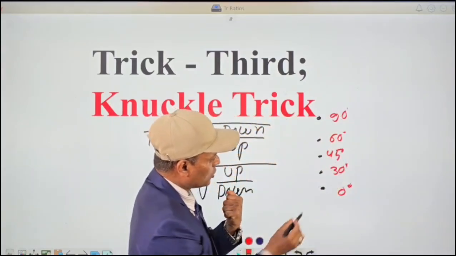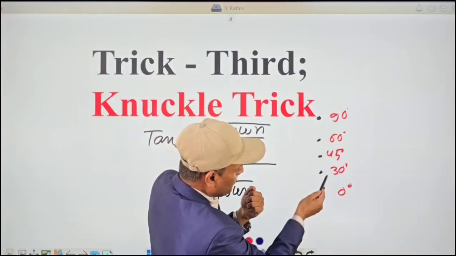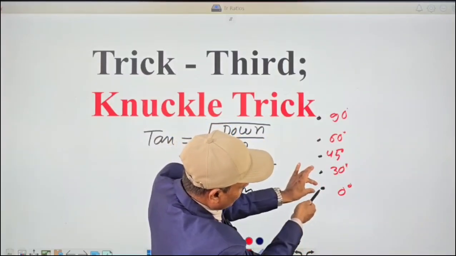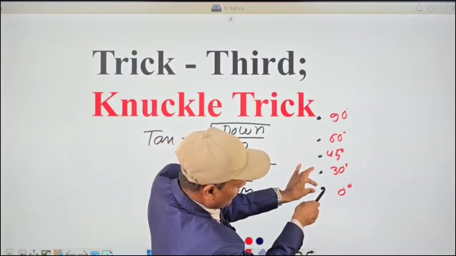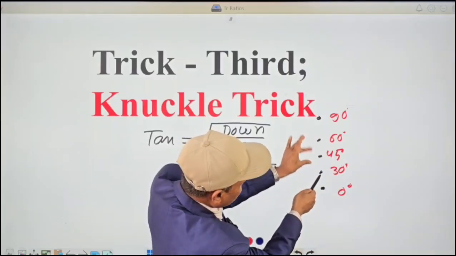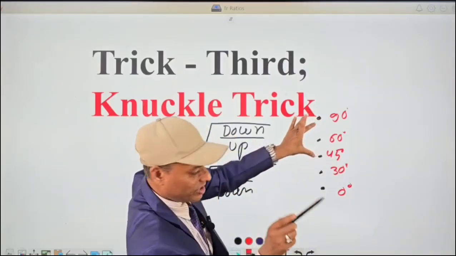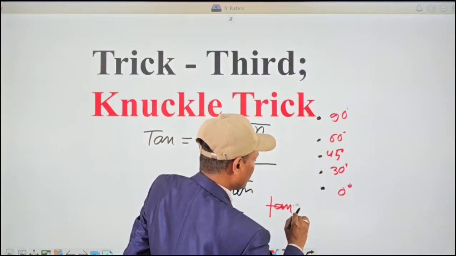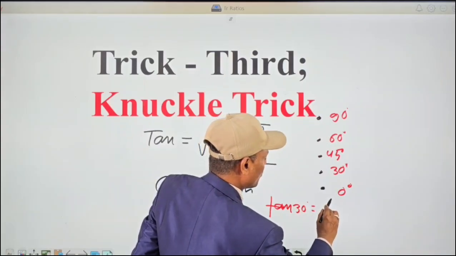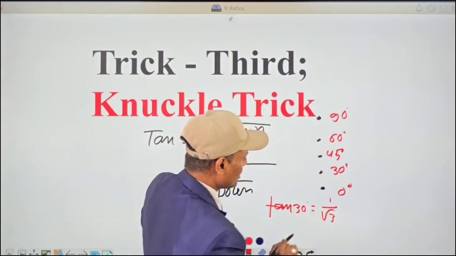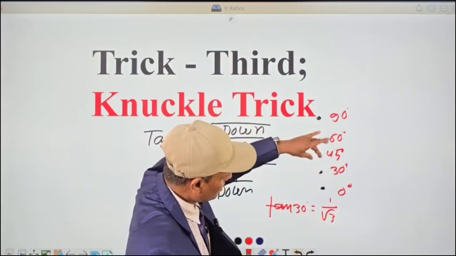To find the value of tan 30 degree, how many dots do you have down? Only 1. So under root 1 means 1. And how many dots do you have up? 3. So 1 by root 3. So tan 30 degree gives you 1 by root 3, because you have only 1 dot.